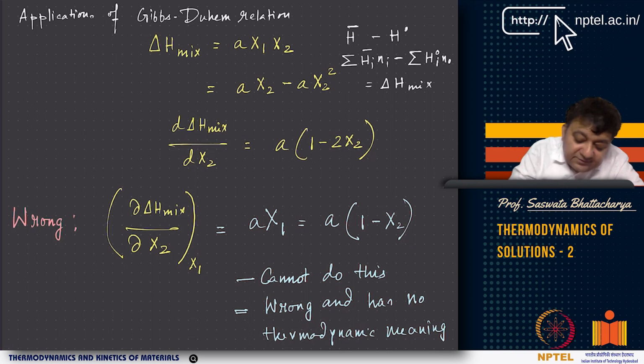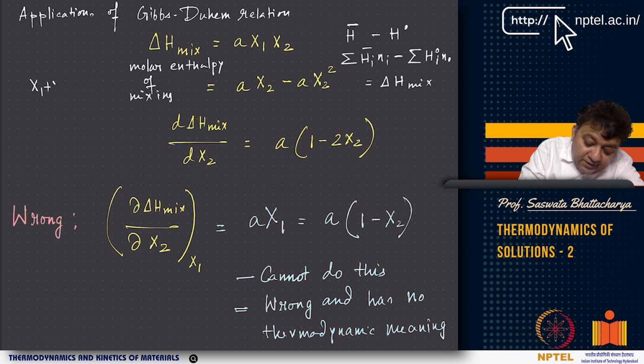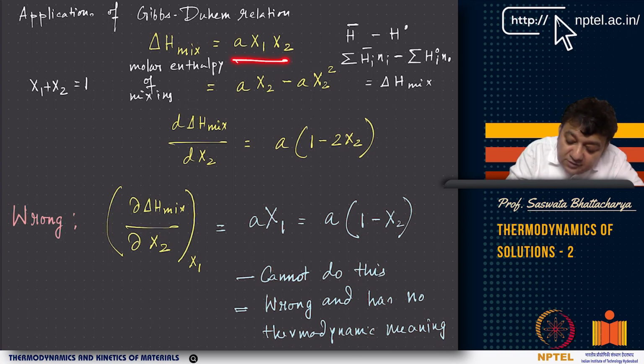We are thinking of this as molar enthalpy of mixing, like molar free energy of mixing, and its functional form is A x1 x2. Because x1 plus x2 equals 1, x1 is 1 minus x2, so I can write A into 1 minus x2 into x2, which gives A x2 minus A x2 squared.